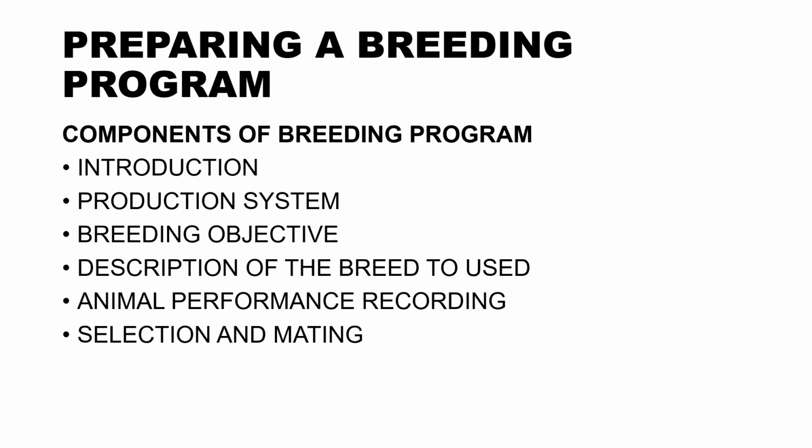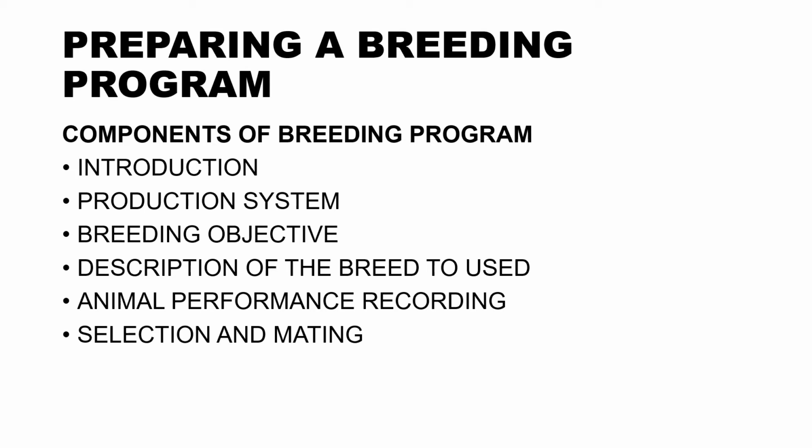Hindi yung sa production system mo is gusto mong maging multiplier farm, yung magparami ng mga piglets, tapos sa breeding objective mo is yung gusto mong ma-attain a good ADG. So, hindi na pwede yun. Hindi yun in relation to the production system.